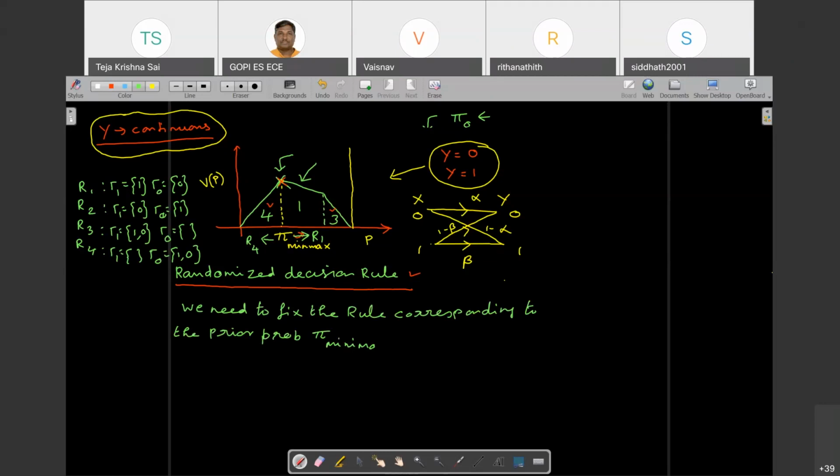Immediately before that, we have a rule. Let us say the rule is represented as delta. We have the rule delta minus, which is basically rule 4, and we have a rule delta plus. Just immediately after this pi minimax, the rule is going to be rule 1.